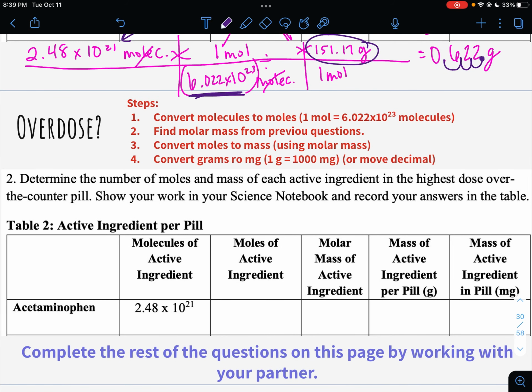So the last step on these notes pages, this section of the activity, is you have a final chart at the bottom. I don't really have a picture of it on the slides, but you are going to compile information that we've already found into one chart, so it's all together.